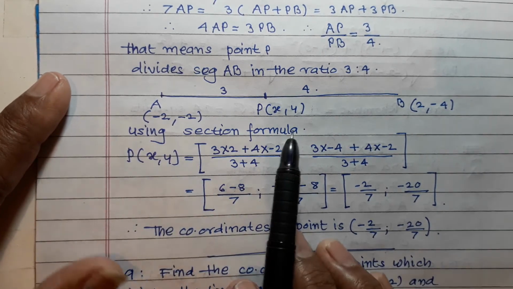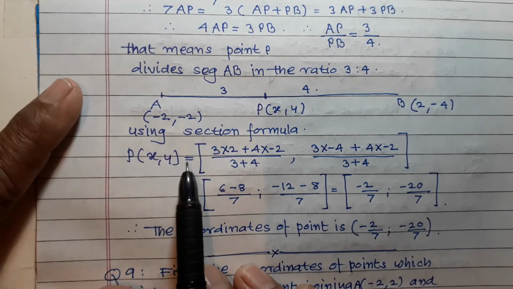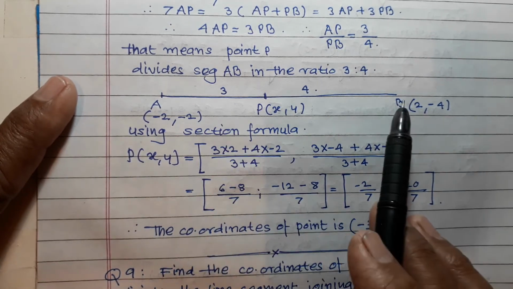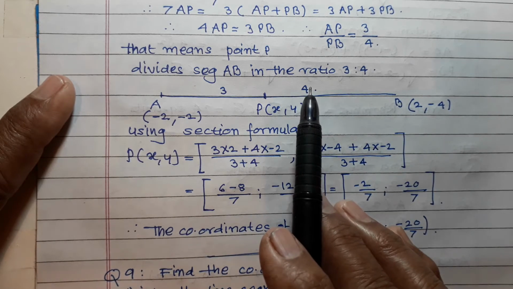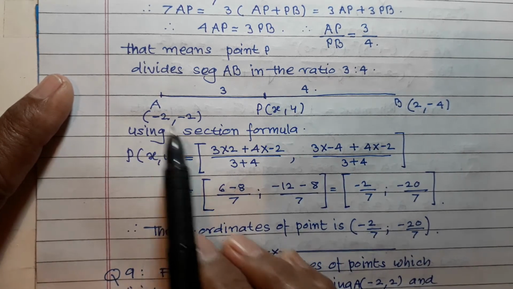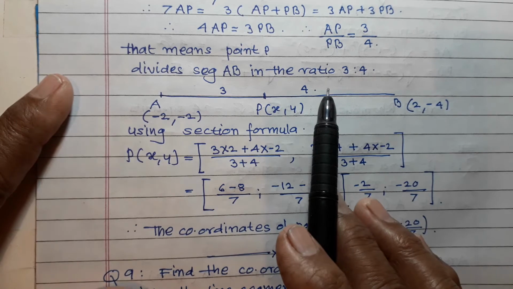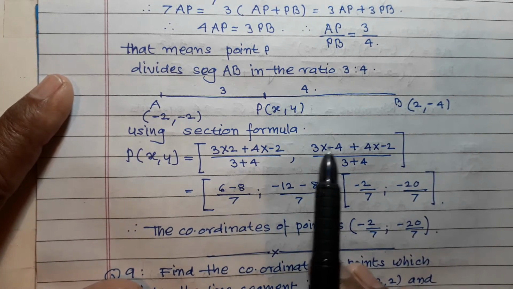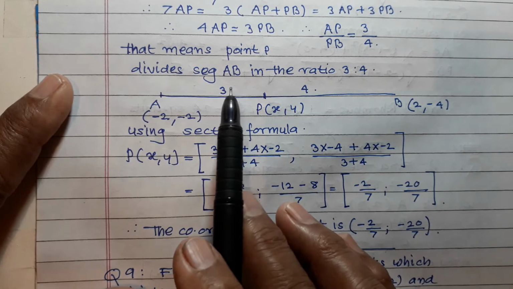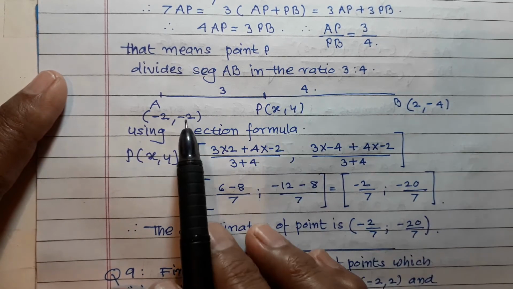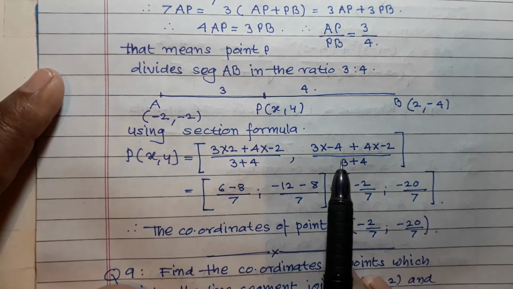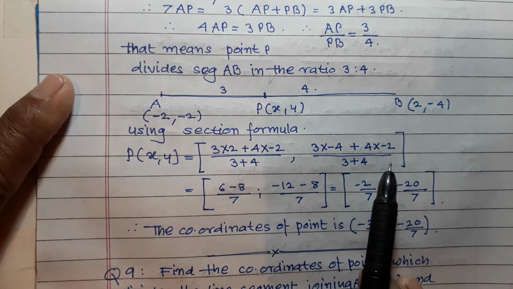Using the section formula, P(x, y) is equal to (3 into 2 plus 4 into -2) upon (3 plus 4), and for the y coordinate, (3 into -4 plus 4 into -2) upon (3 plus 4).